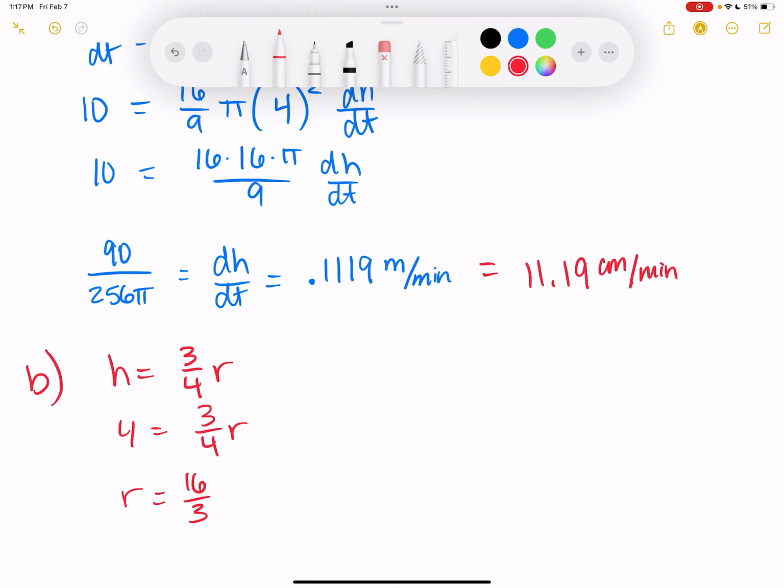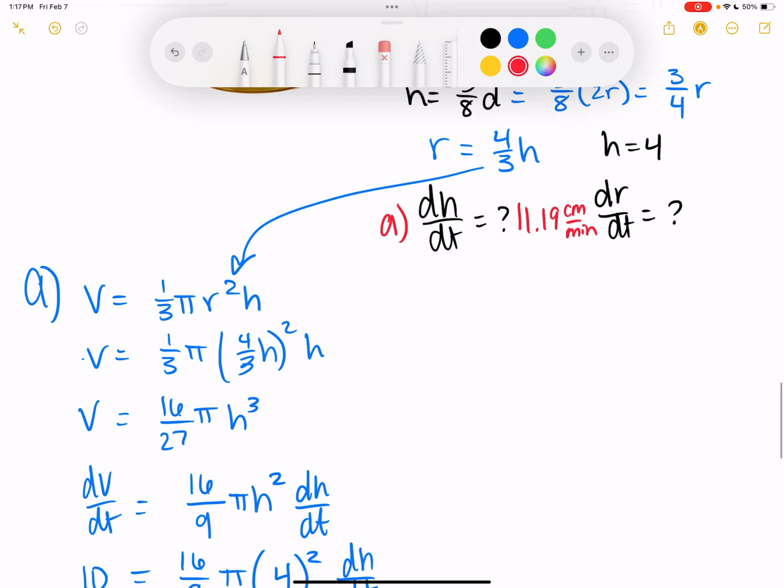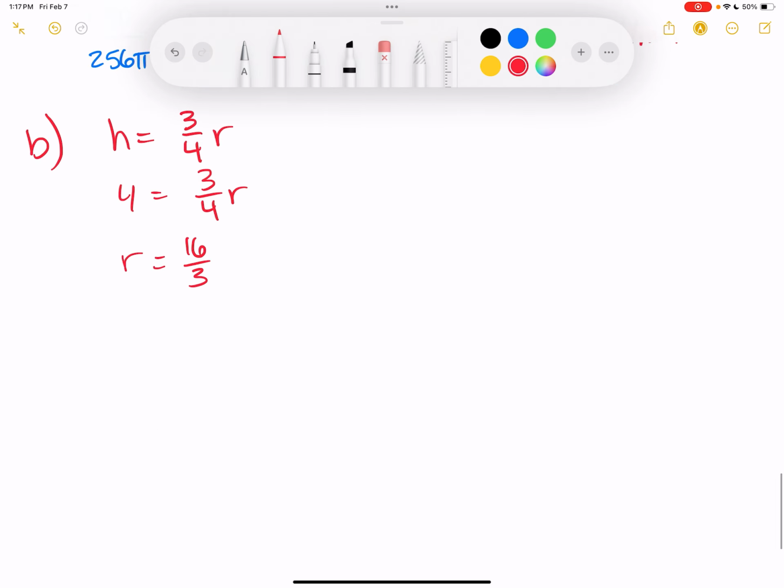You said we're solving for dr dt now? Yes. So now instead of replacing r like I did in the last one, I'm replacing h with r. Making sure I said the right thing.